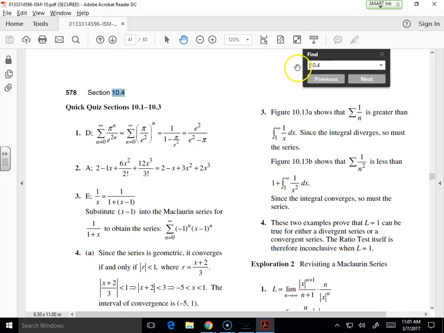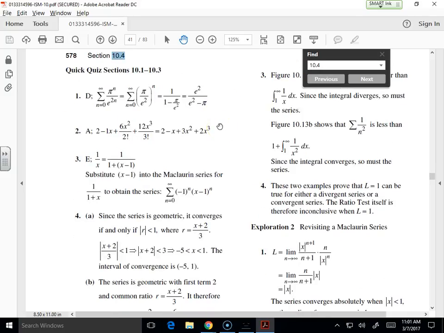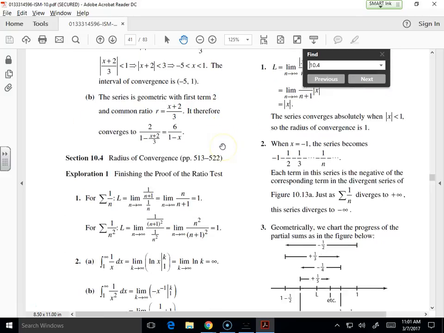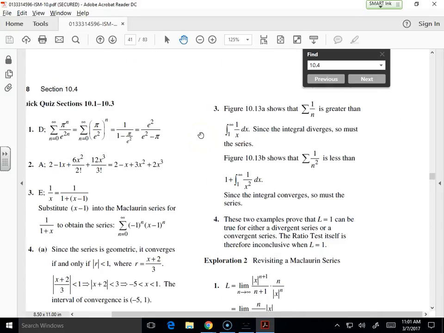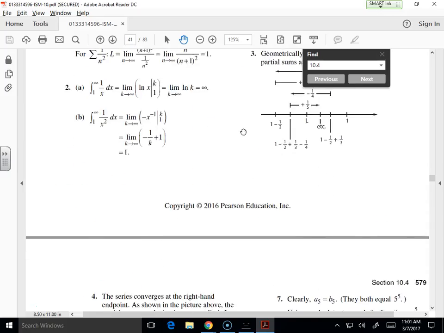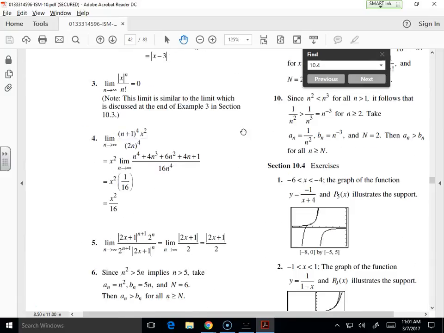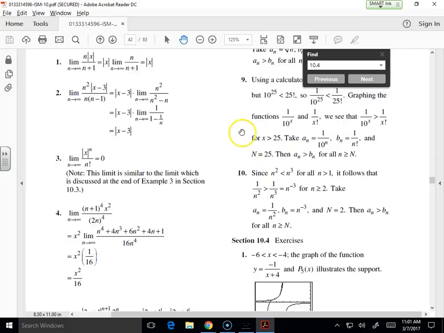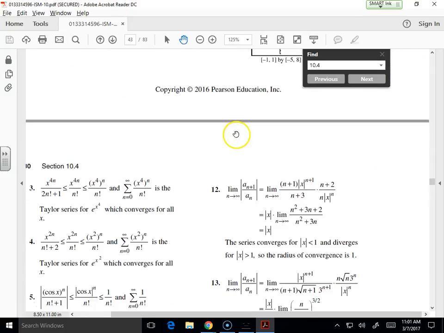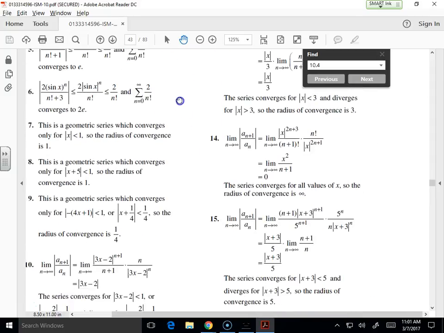All right, number 14. Zero for 14. That's weird.